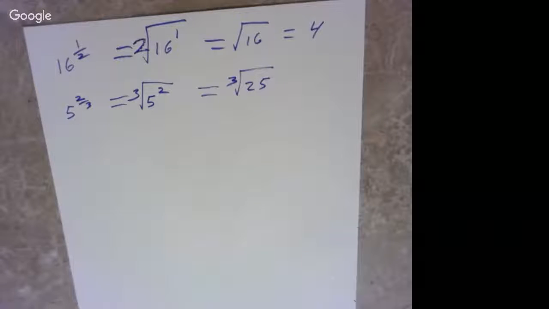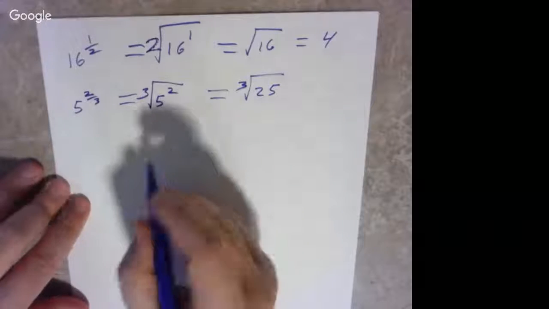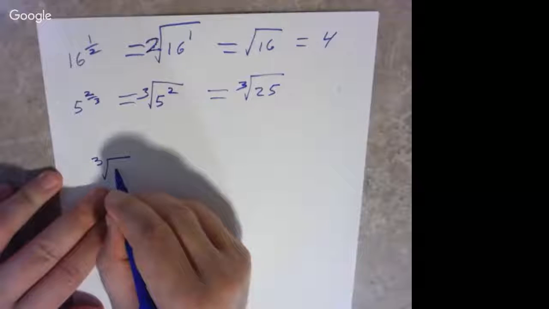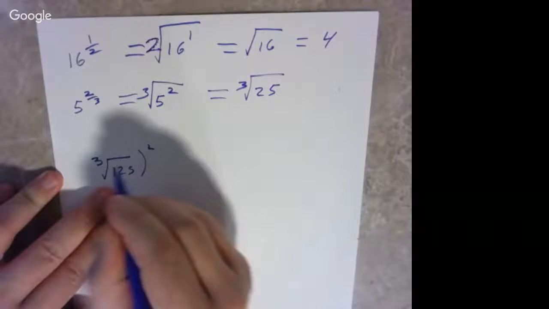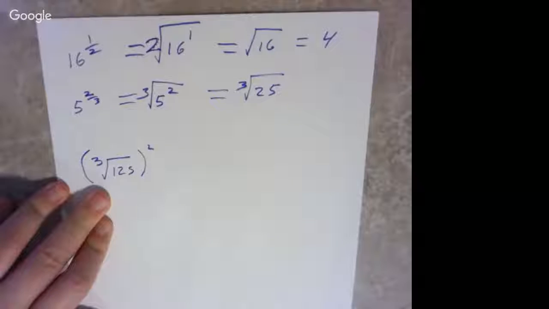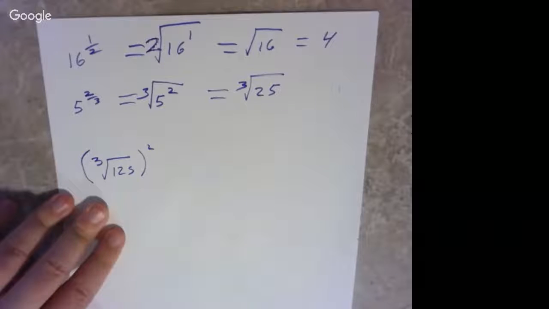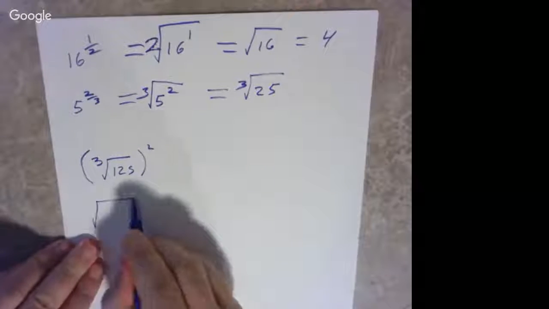Let's see if we could find one that is. How about 125 to the 2/3 power? Now I'll take this moment to say we can write these in 2 different ways.